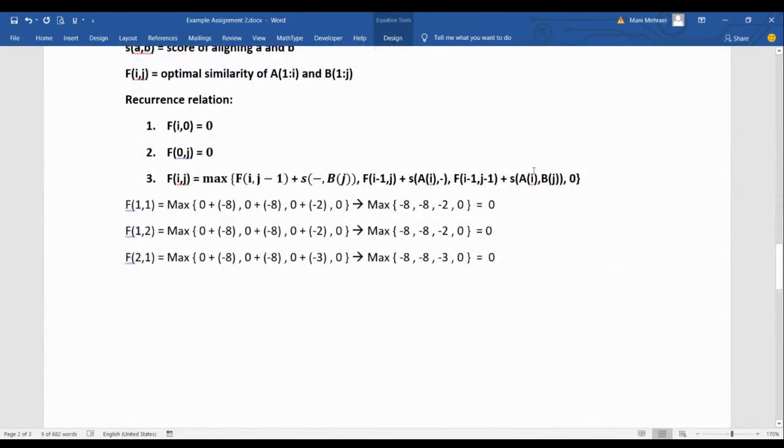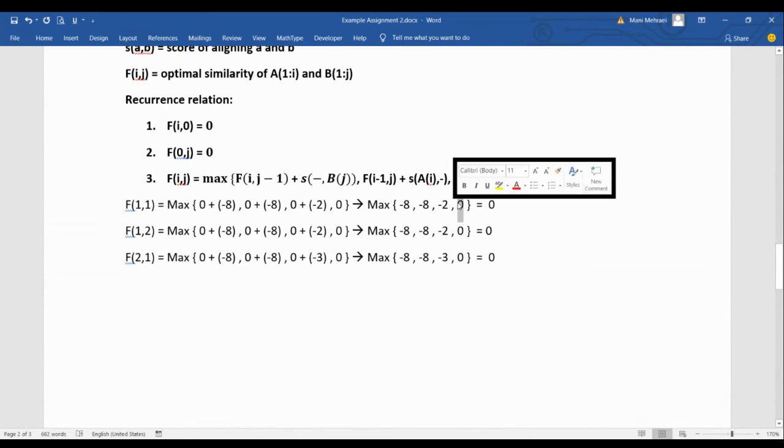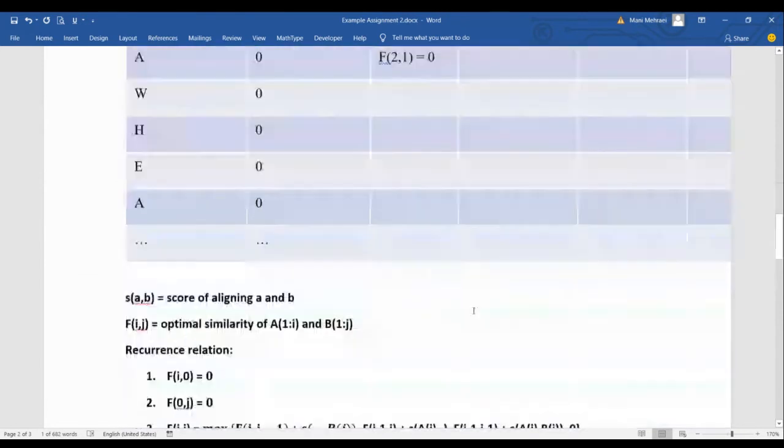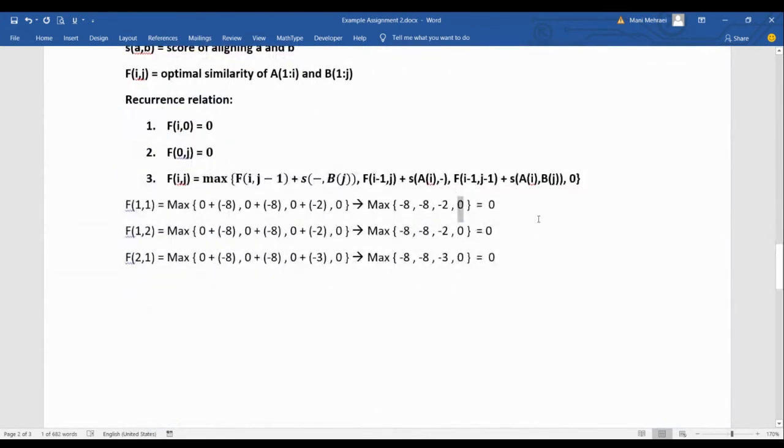So you see inside this formula, you have included 0 as one of the components which you should compare with the other ones. And as you can see, if all of them are negative, the maximum of them will be 0 in this scenario. It happened in this example that all of them became 0. Maybe for the next cells it won't be the same story, but here it happened to be so.